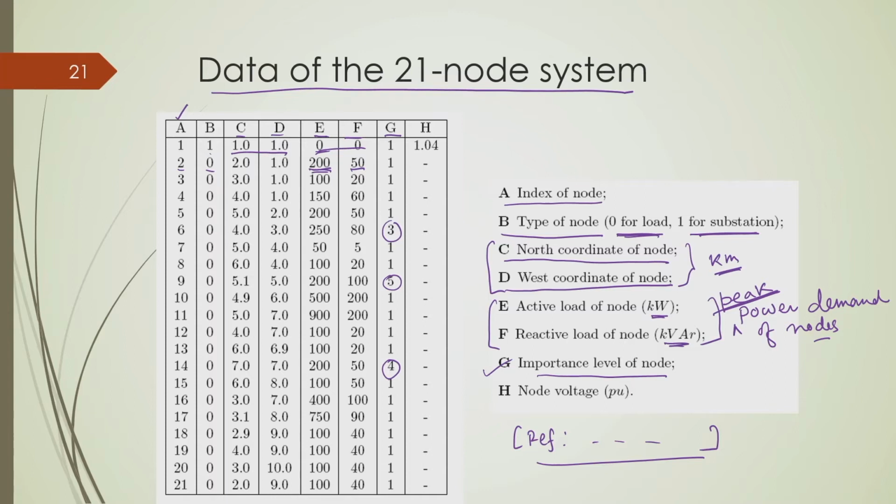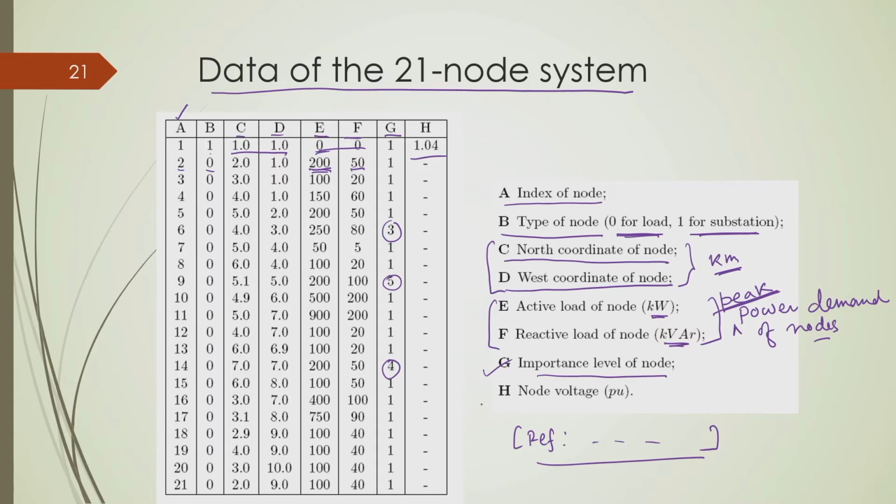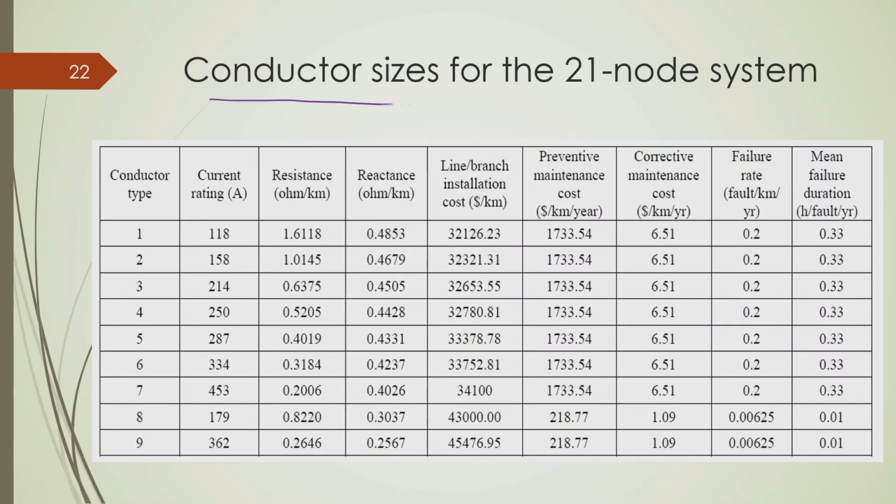Of course, if you have different types of loads, like hospitals where we have some dedicated equipment connected, or an air traffic control system in a network, we need some special attention. Based upon that, this importance is decided, and column H specifies the substation voltage magnitude, which is in per unit. Okay.